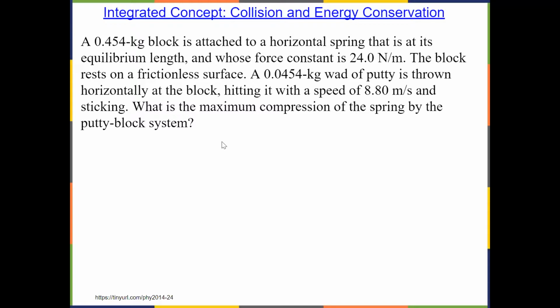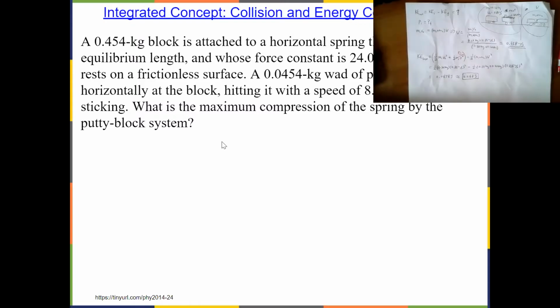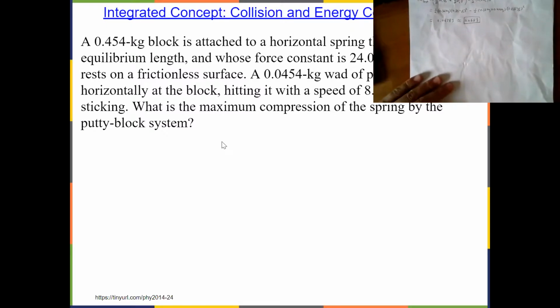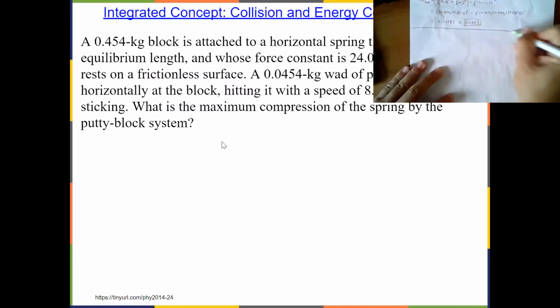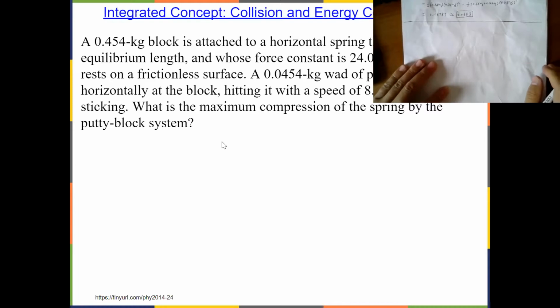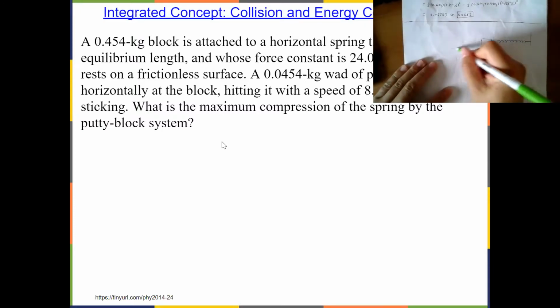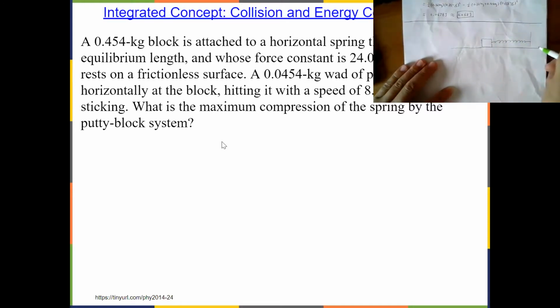So let's see here. Let's draw a sketch to represent the problem. Initially, there's a spring in equilibrium. Now there's a block attached to it, which happens to be 1 pound, or 0.454 kilogram.